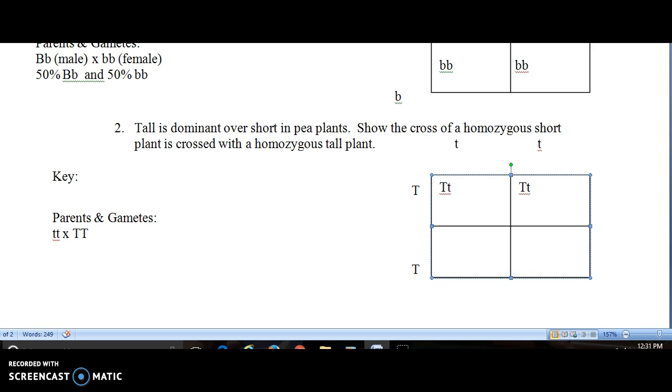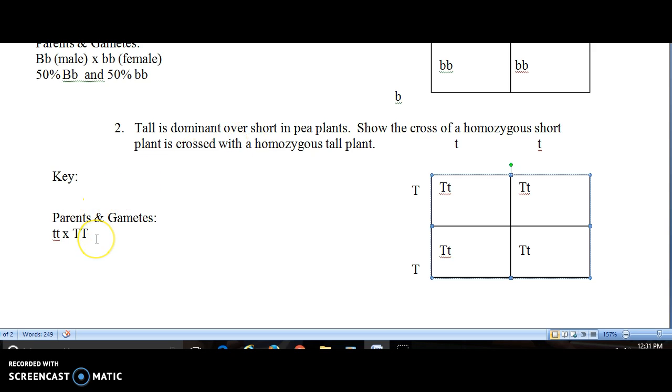Here we go. We have a capital T, lowercase t. And the final box, we also have a capital T, lowercase t. So from these two parents, we're going to have in all of our boxes capital T, lowercase t. The capital letter, if you even just have one of those, is going to give you the dominant trait. Dominant trait is tall.